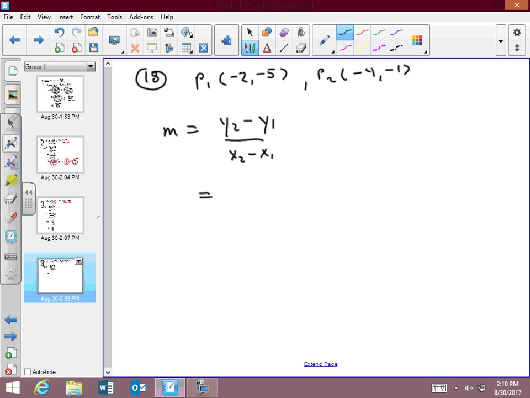Now notice, this is x2, y2, and this is x1, y1. The y2 is that minus 1. The y1, so I'm going to subtract, and y1 is a minus 5.